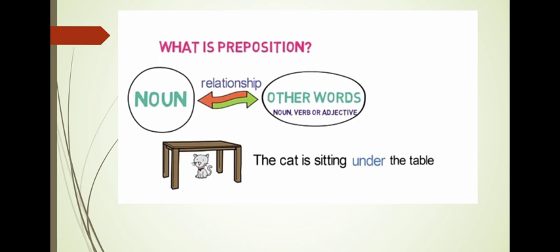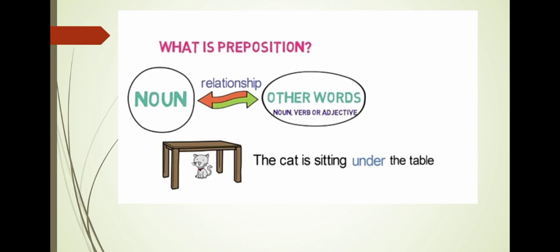Now let us understand with an example. In the picture, you can see that there's a cat sitting under the table. Here, the word under is used to link the table, which is a noun, and the sitting place of the cat, that is the other words.